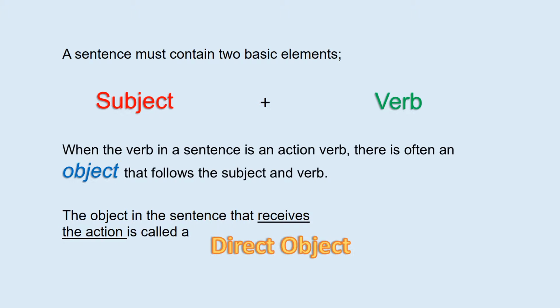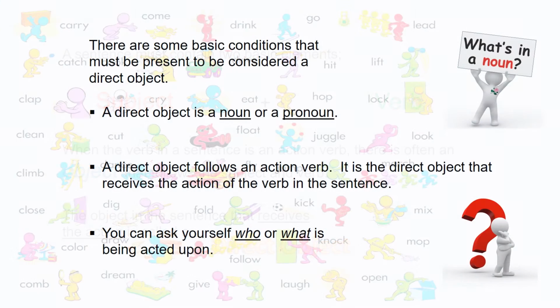A sentence must contain two basic elements, a subject and a verb. When the verb in a sentence is an action verb, there is often an object that follows the subject and verb. The object in the sentence that receives the action is called a direct object. There are some things that you can look for when you are trying to determine the direct object in a sentence.